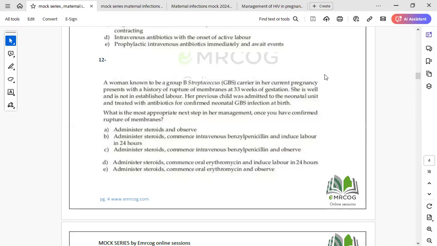This is not my opinion. So we are going to give her steroids, give her erythromycin, and observe her. By any means, if she goes into established labor, she's going to have immediate augmentation and IAP, okay?